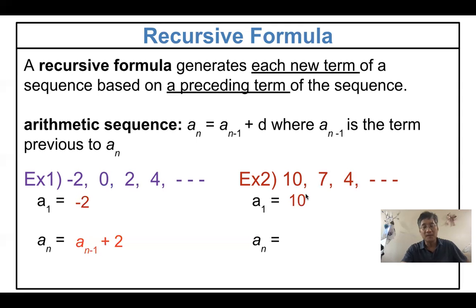So the difference is negative. If it is a linear equation, it has a negative slope, right? Going down to the right side, negative slope. The slope is -3. So here the formula is -3 from the previous term, right? Instead of +3. Does everybody understand?